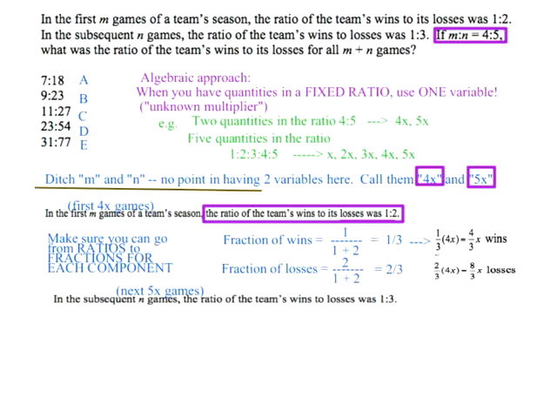You can do the same sort of thing. You have 1/4 wins and 3/4 losses using the same kind of fractions that you had before. So these are your fractions of wins out of the total, and fraction of losses out of the total.